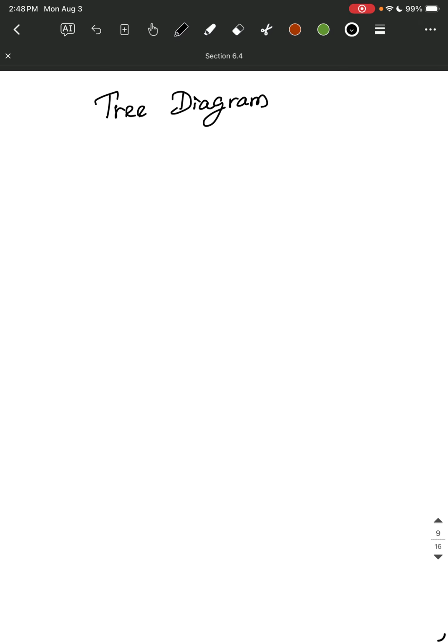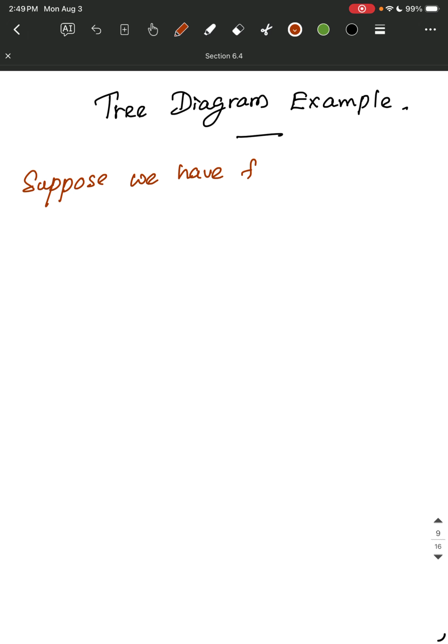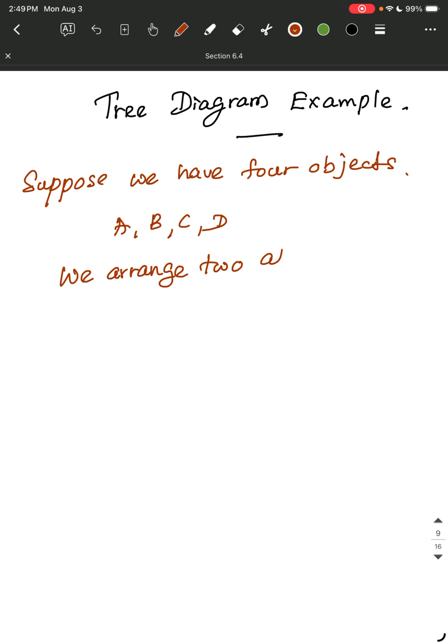Suppose we have 4 objects A, B, C, D, and we arrange 2 at a time. Okay, let's see. For the first position, there are 4 choices, right?